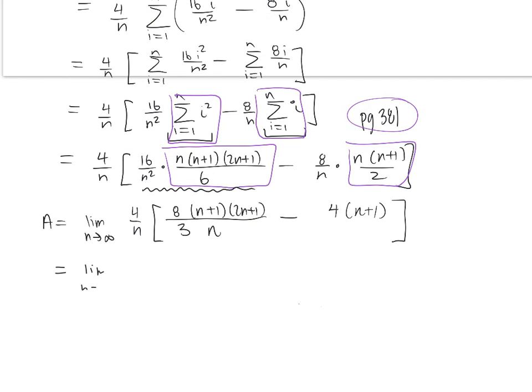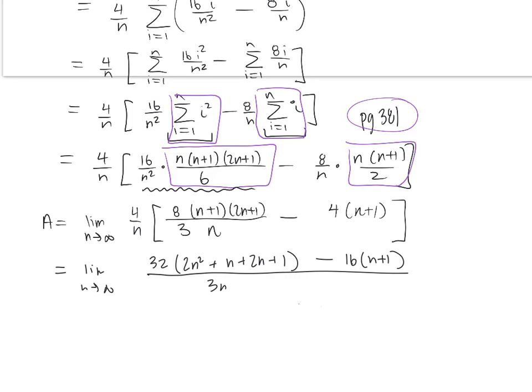Limit as n goes to infinity. Okay, that becomes 32 times 2n squared plus n plus 2n plus 1 minus 16 times n plus 1, all over 3n squared.